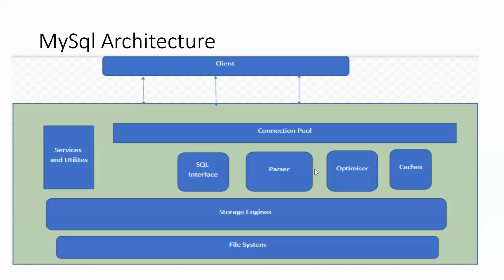Coming to the parser, it is required to create an internal structure called the parse tree. The parse tree is created within the parser, which behaves as a single parse compiler. Once the parser is done, we have the optimizer.